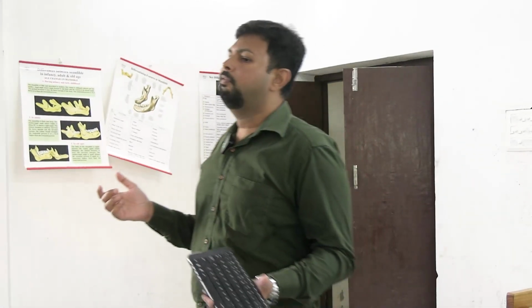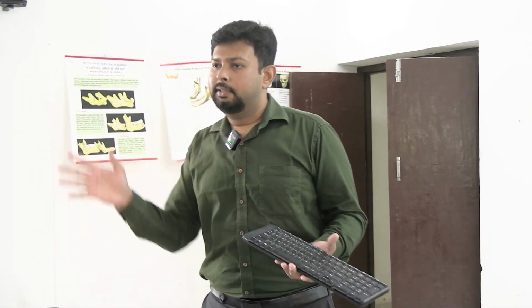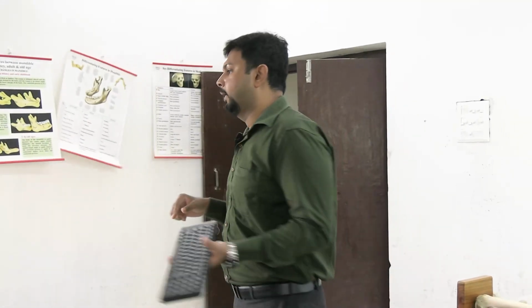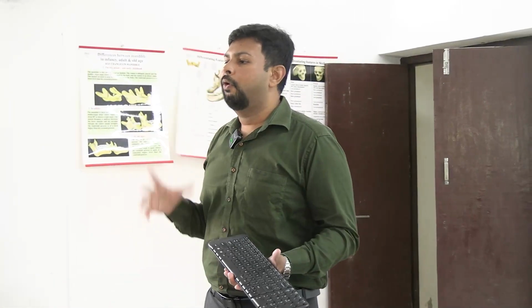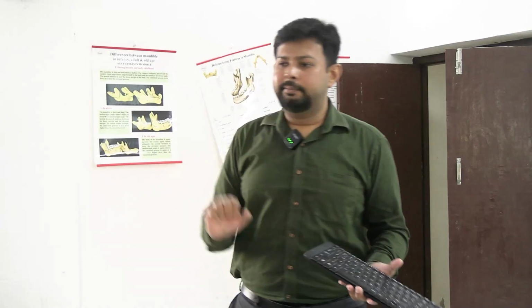Next is the practical part. Practical part consists of the grand viva as well as the stations you will be attending. Before exams, we will have a mock drill on how to attend the specimens.